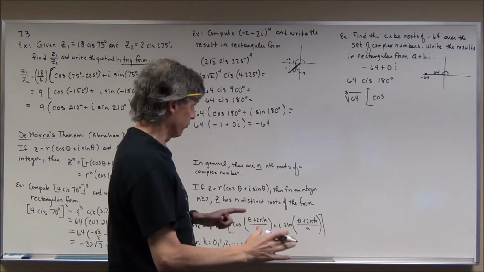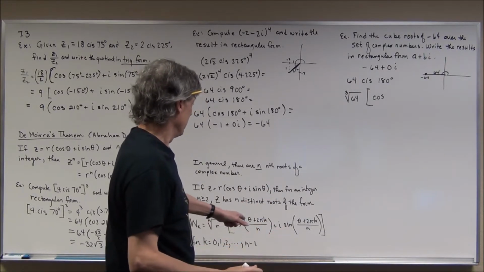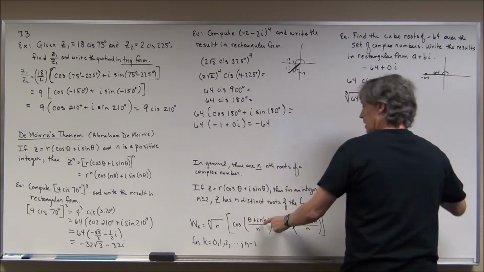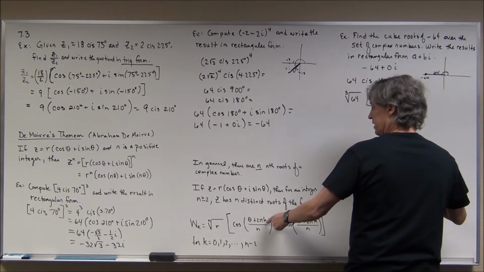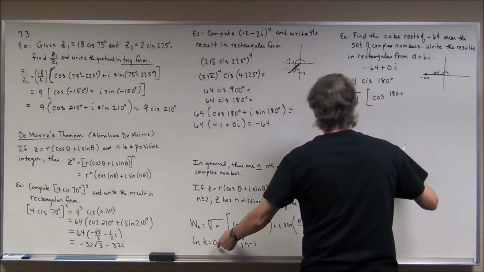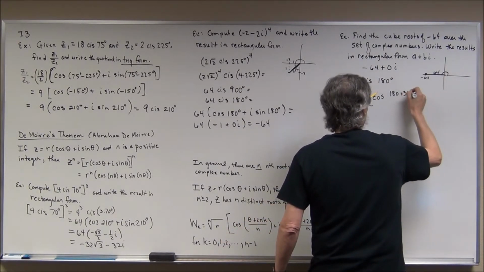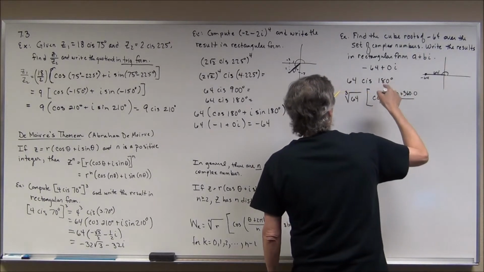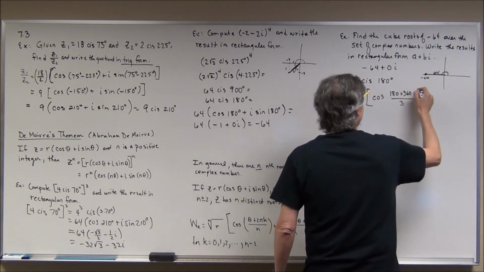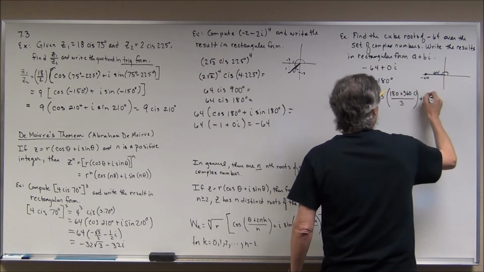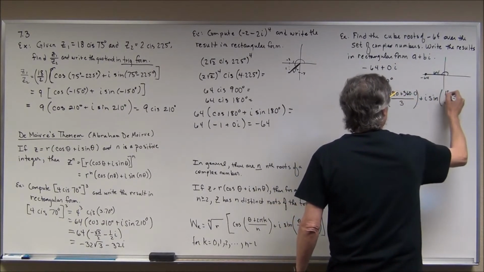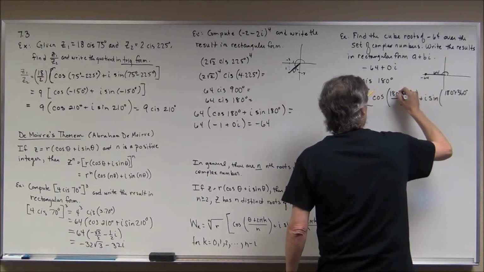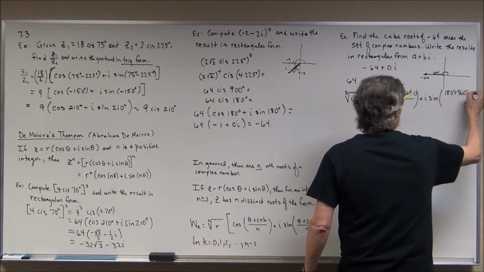Cosine of 180 plus 360k, where k is 0, so that'd be 360 times 0, all divided by n, which is 3, plus i sine of the same expression. I should put the degree signs down here so you can follow. You can do this in radians as well.